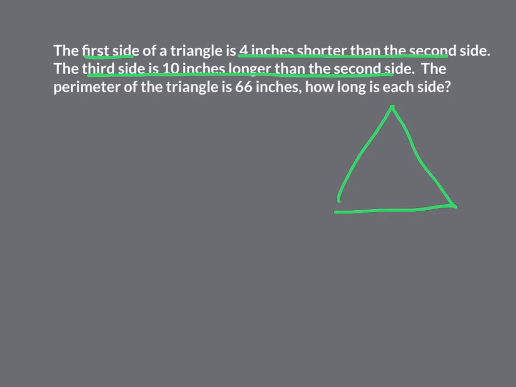It says the perimeter is 66 inches. How long is each side? All right, so we're looking at sides. So let's look. We know the first side is based on the second side, 4 inches shorter. And we know the third side is based on the second. It's 10 inches longer.